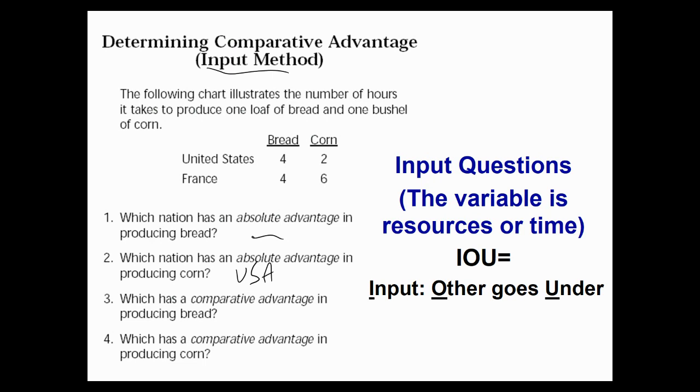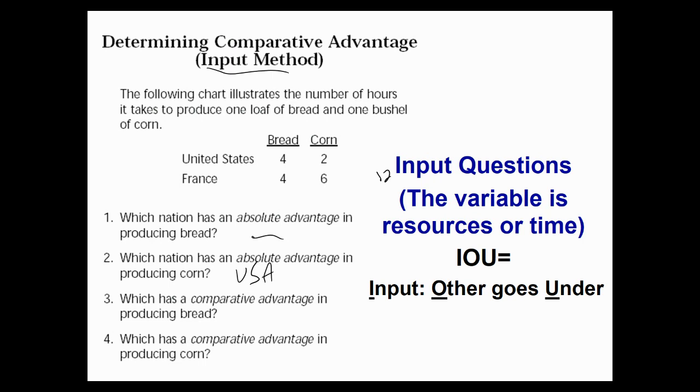So absolute advantage would be for the U.S. because they use the least amount of resources to get that. Okay. Now, when we did the output method and looked at absolute advantage, we looked at who could just produce the most. Well, let's say we gave this a 12-hour work schedule. The United States in 12 hours can make 6 bushels, where France could only make 2 bushels. So in overall output, the United States would have absolute advantage.